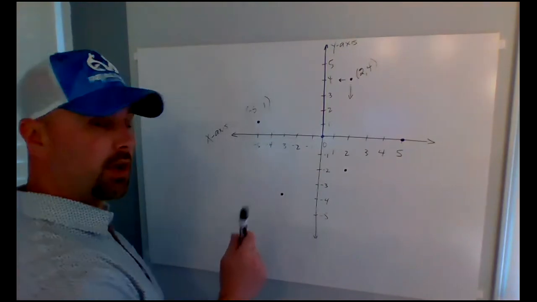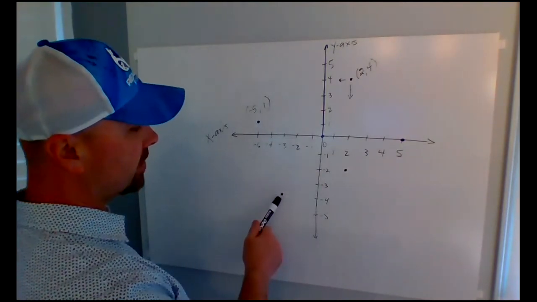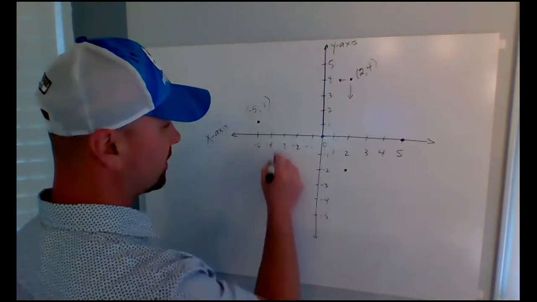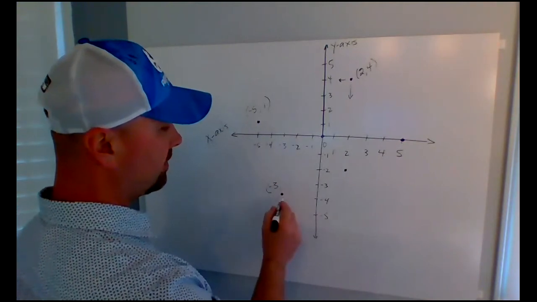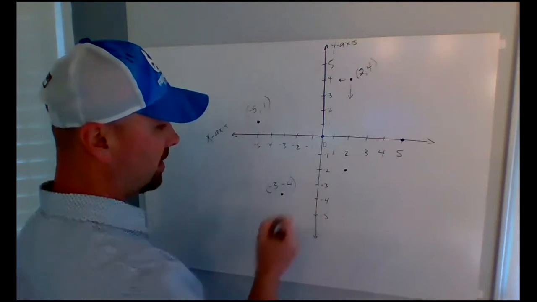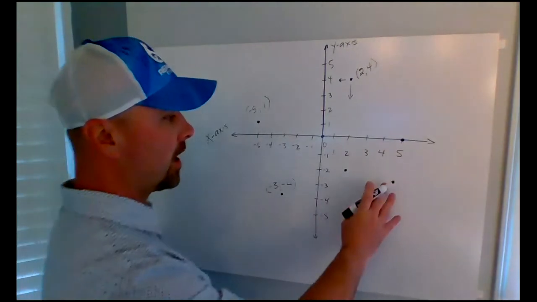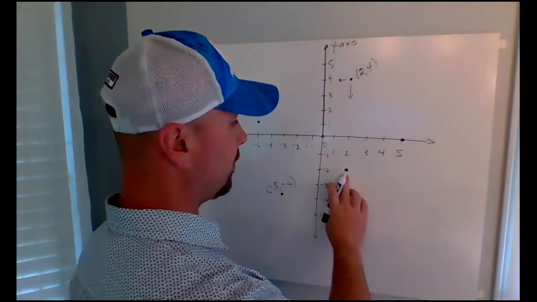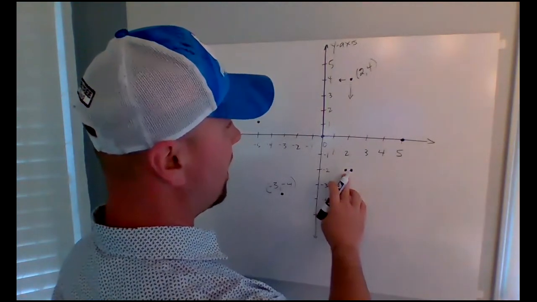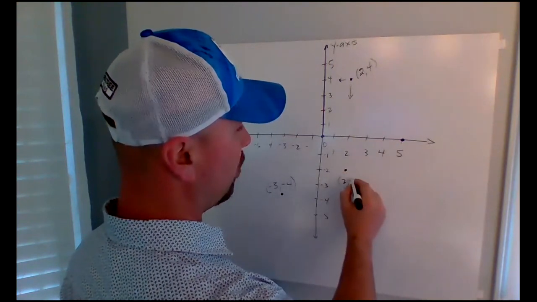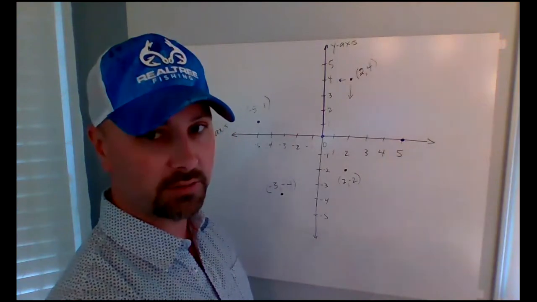All right, so hopefully you've got those. We're going to start here with the coordinates of this. On the X is a -3, and on the Y is -4. Okay, let's go to this point. On the X, it's a +2, and on the Y, it's a -2.